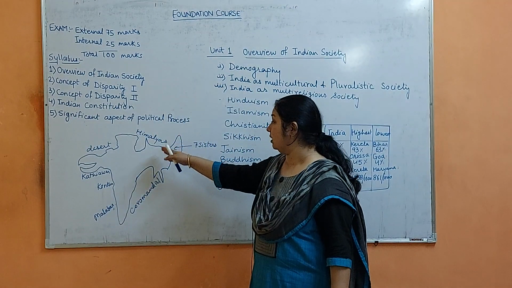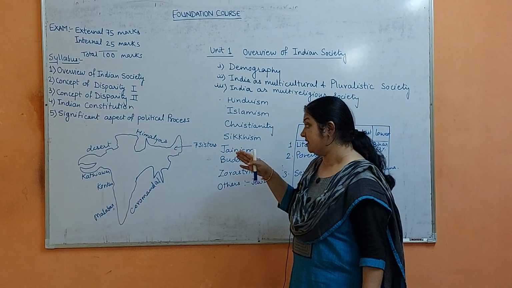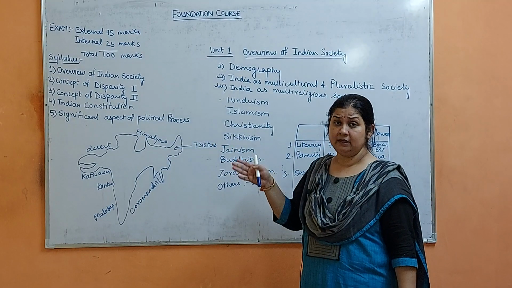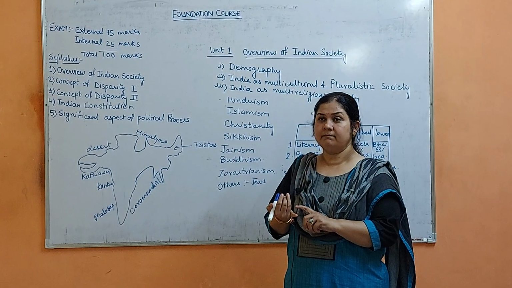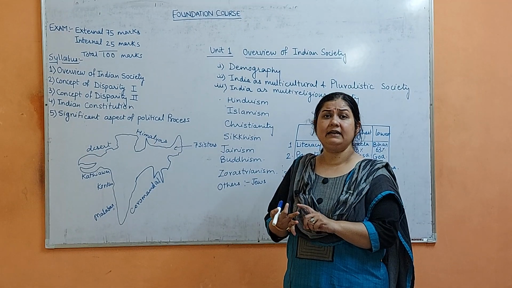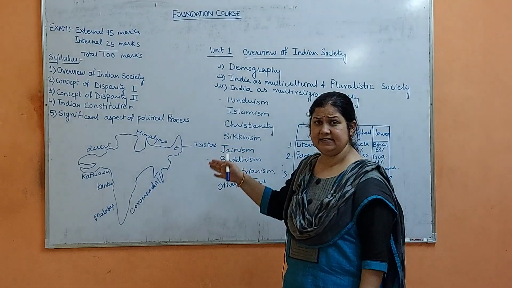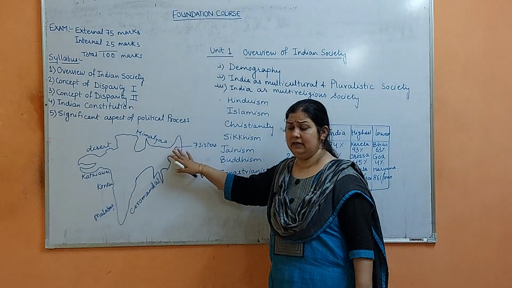Then you have in the northeast region the seven sisters. Those are the 7 states where Sikkim is not included. See, you have Arunachal Pradesh, Assam, Mizoram, Meghalaya, Manipur, Nagaland, Tripura. These are the 7 sisters which are included here. Now this is completely hilly region.